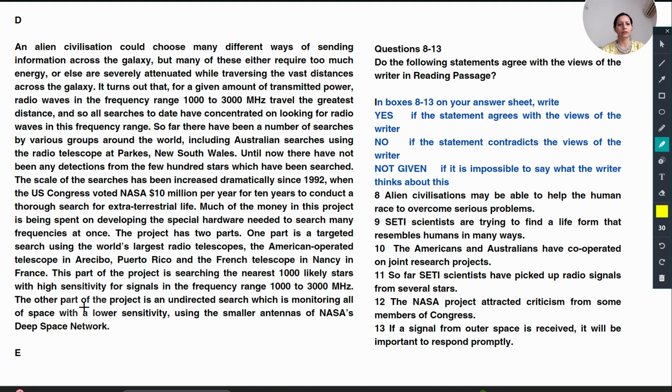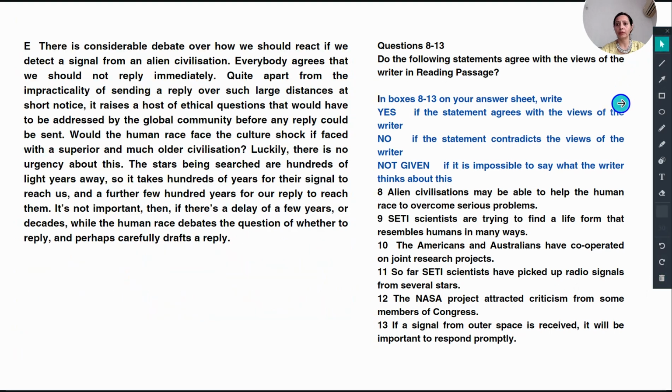Project is searching nearest likely stars. Yeah, here you can see this. This part of the project is searching the nearest 1000 likely stars with high sensitivity for signals in the frequency. The other part of the project is undirected search, which is monitoring space. So let's move to next paragraph, then maybe the situation will be more clear about this question.